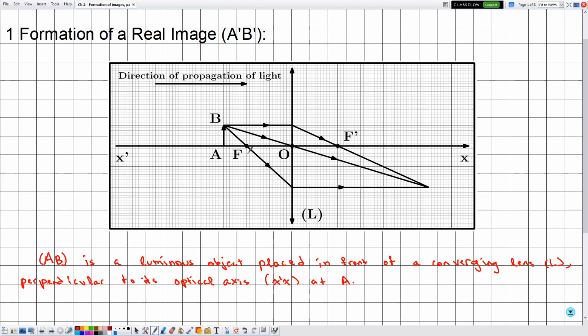And let's consider incident luminous rays issued from the point B only. So incident luminous rays are issued from B, and they emerge through the lens.